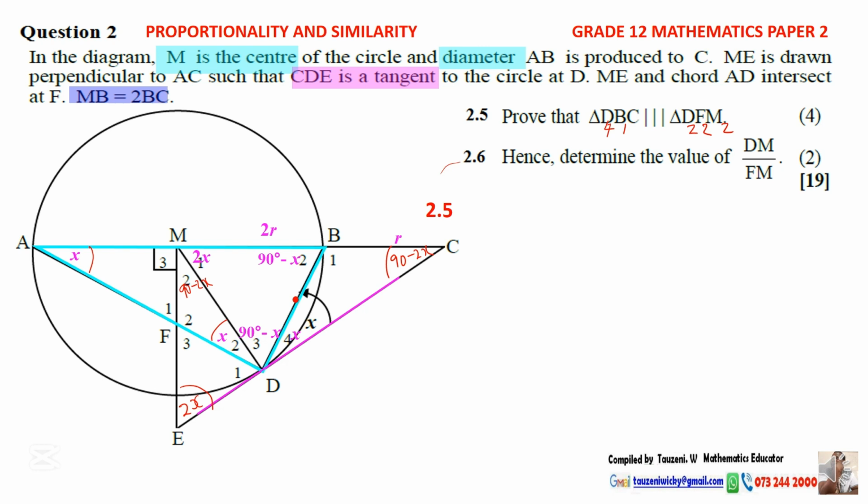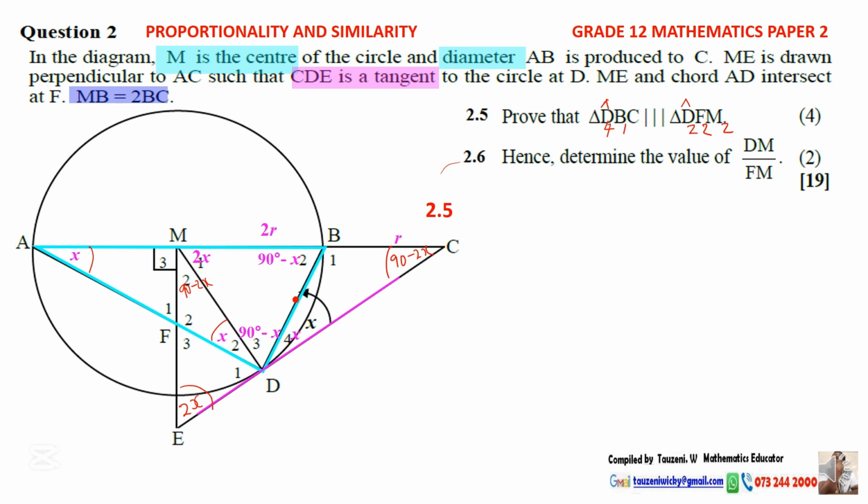So for similarity, you look at the first letter and the first letter. Angle D4 in comparison to angle D2, are they equal or not? And if you look at our diagram, you'll see that D4 and D2 are both equal to x.